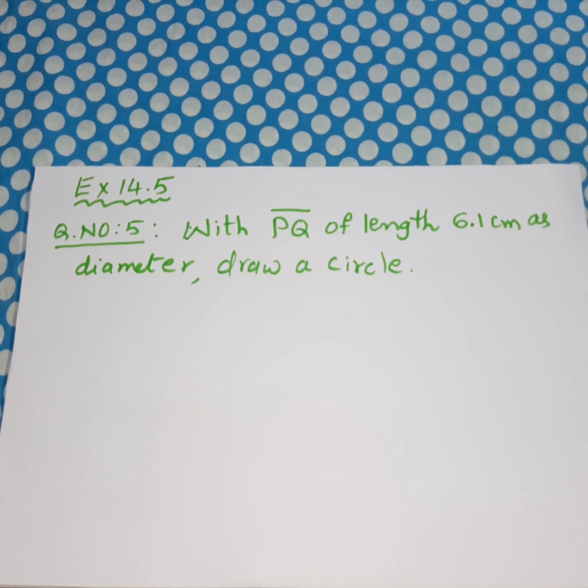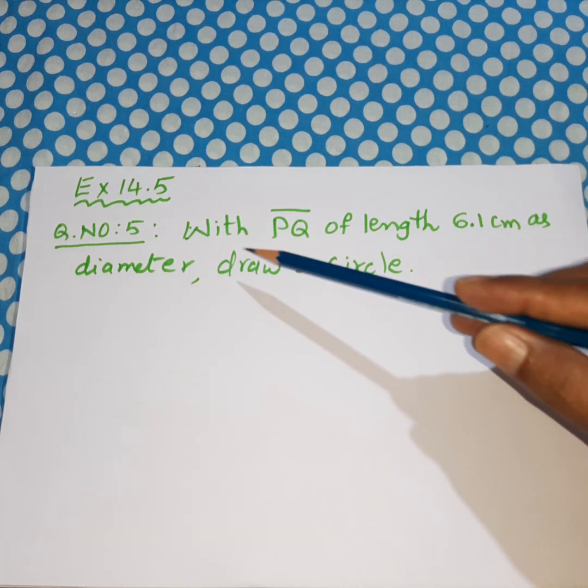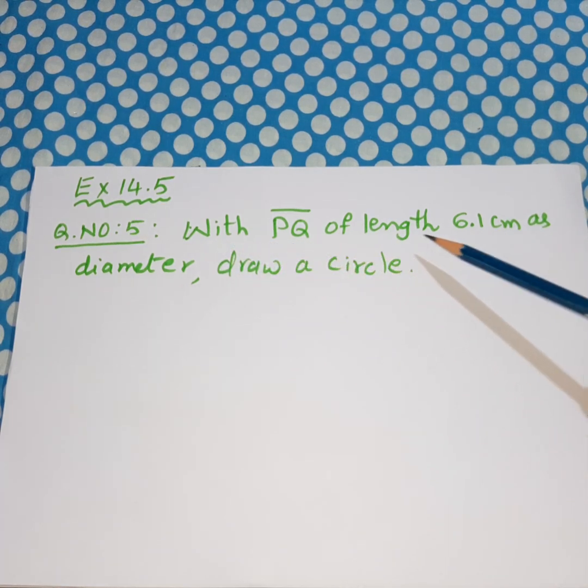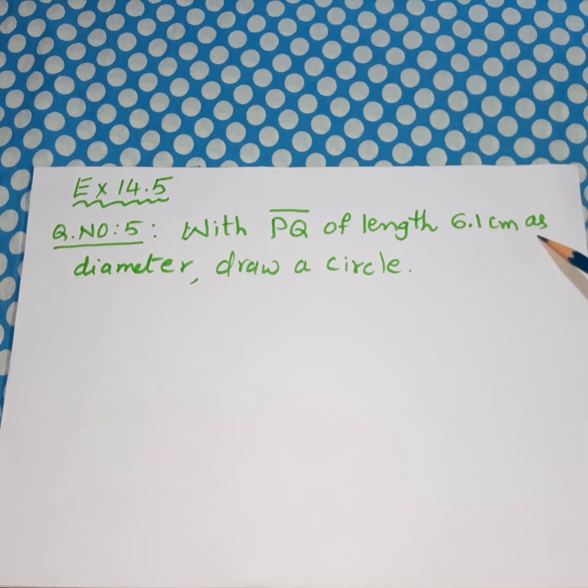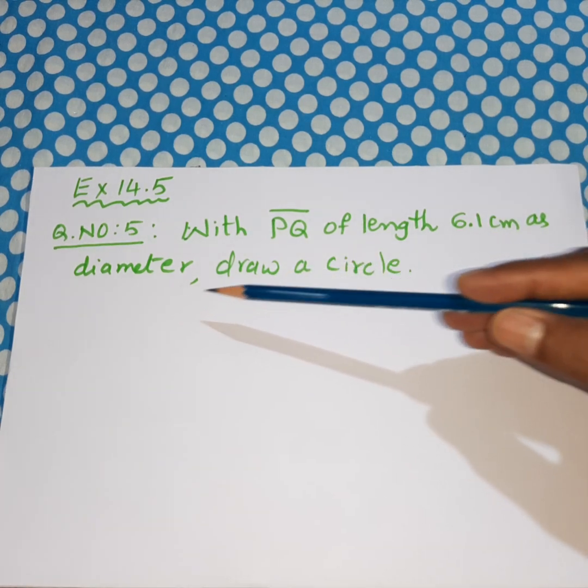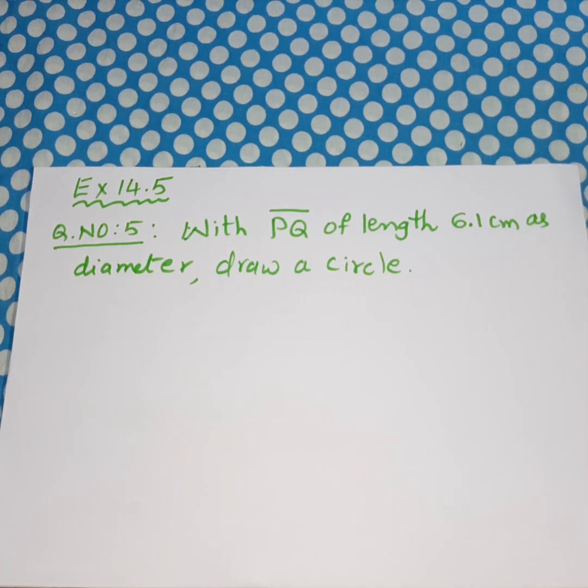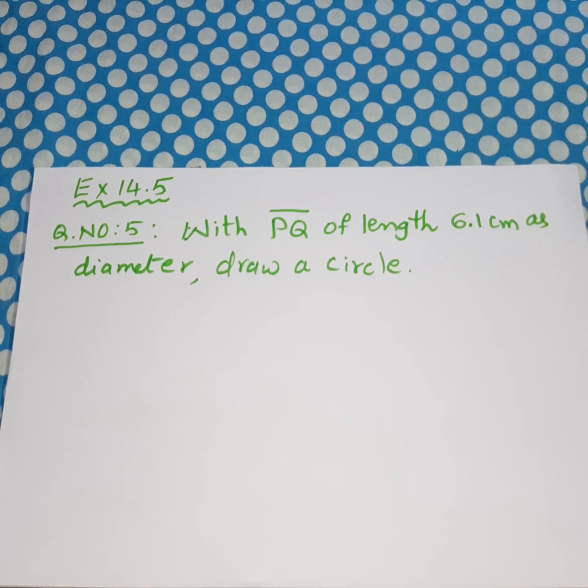Children, see this here. With PQ of length 6.1 centimeter as a diameter, draw a circle. Here they have given a line segment PQ, which is the diameter of the circle.